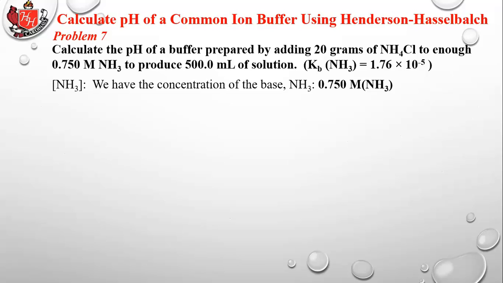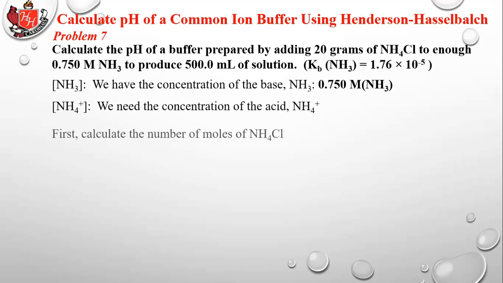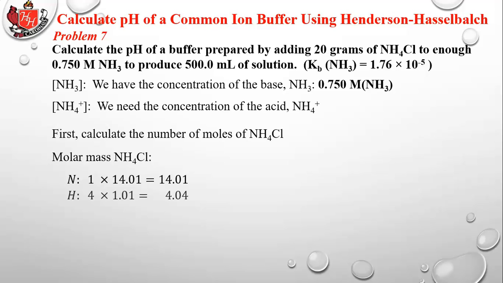Now we need to find the molar concentration of the conjugate weak acid, the NH4+. So we're going to first calculate the number of moles of NH4Cl. The molar mass of NH4Cl: there's 1 nitrogen at 14.01, which you get off the periodic table, 4 hydrogen at 1.01, and 1 chlorine at 35.45.